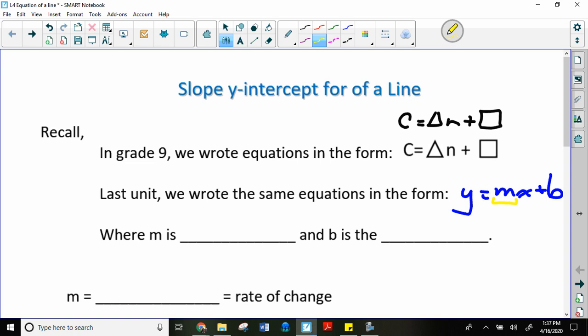We wanted to replace the m with slope, and we wanted to replace the b with whatever the y-intercept is. So where m is slope and b is the y-intercept.